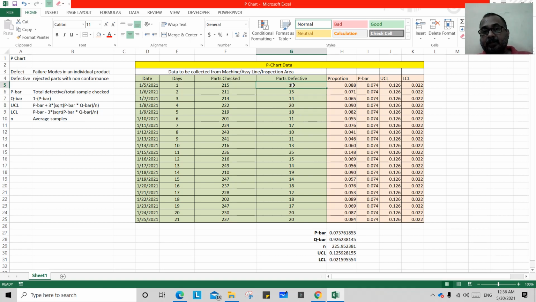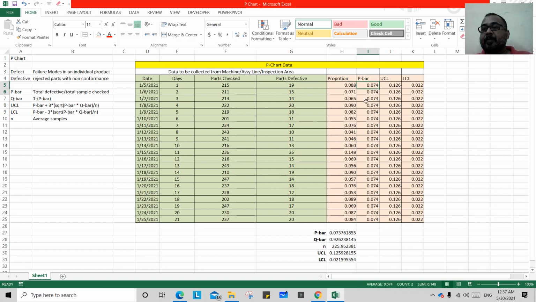It means 19 parts were found defective out of 215 parts, so this defective count divided by 215 gives you the point for that particular day, the proportion of defective parts for that day.